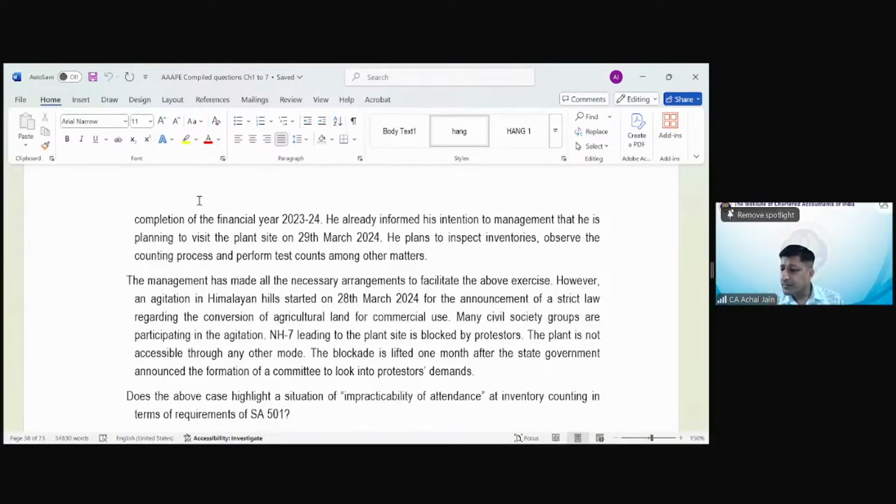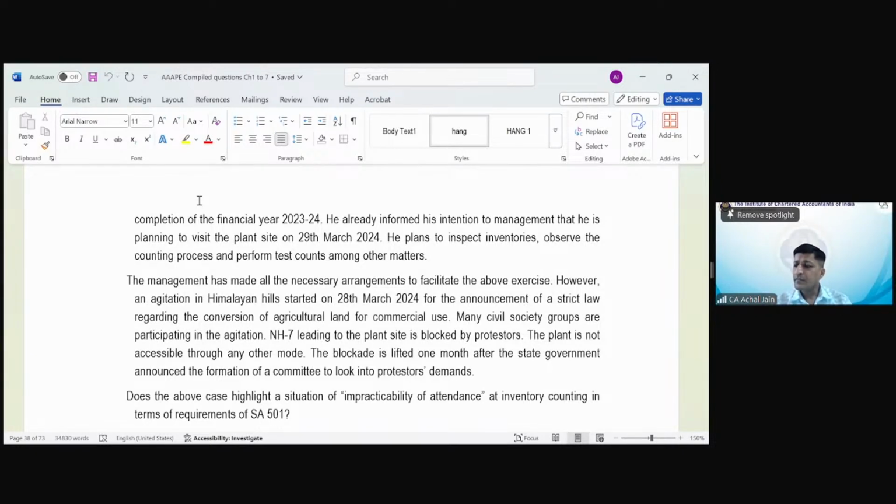Sir, impracticability of attendance, but in the case it is very clear. See, SA 501, audit evidence, specific considerations for selected items. Here the case is of the inventory items. When physical inventory counting is not possible due to an unavoidable situation like this, the auditor shall make an alternate date to perform the audit procedure and conclude it.